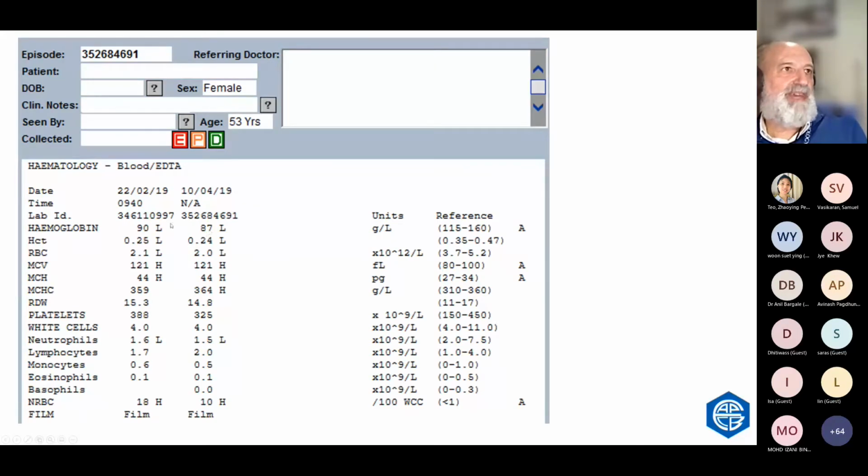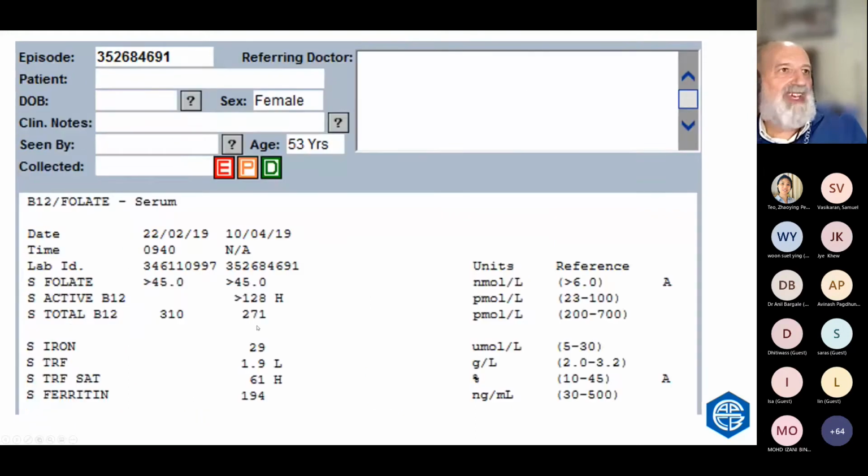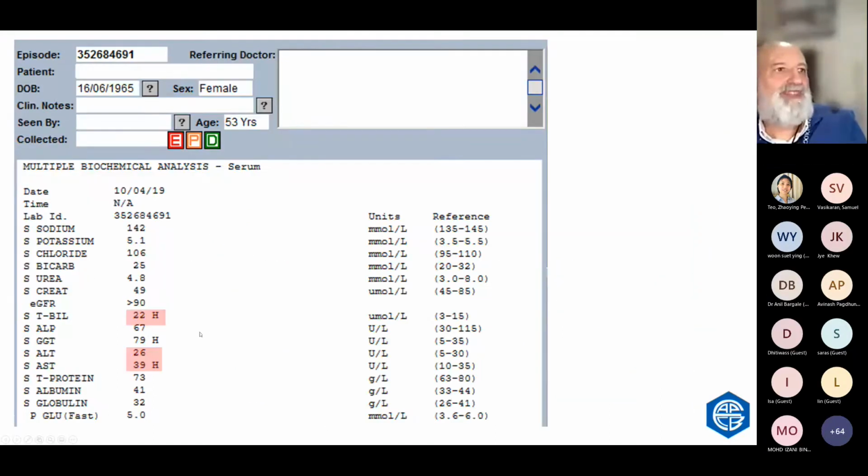So here's a patient with sickle cell anemia. They've got macrocytosis and severe anemia. Is the macrocytosis due to iron deficiency or B12 deficiency? Well, obviously not. This patient's getting supplements for both of those things, trying to improve their anemia.